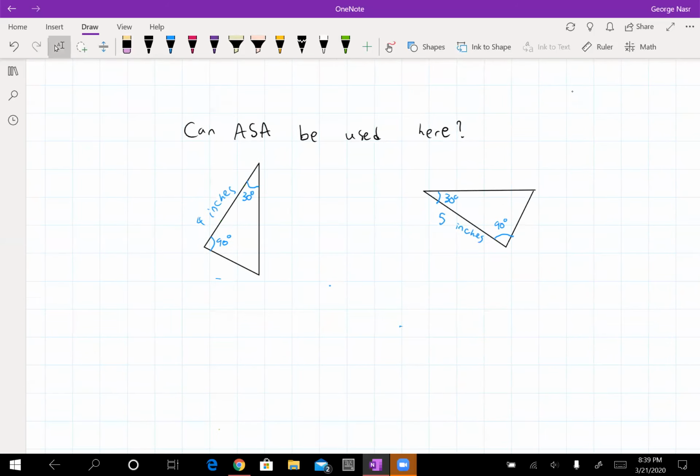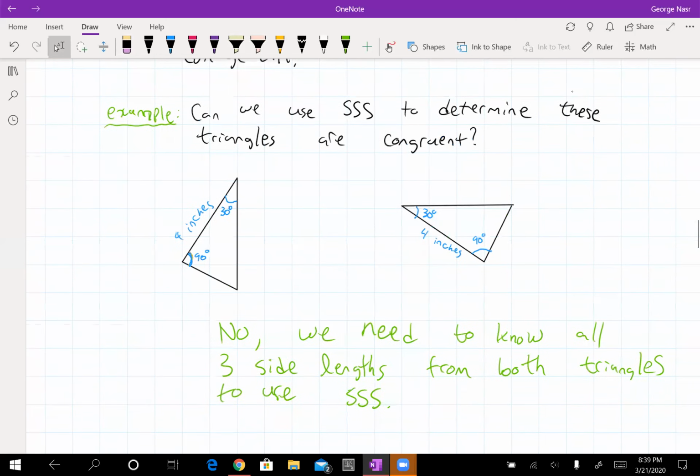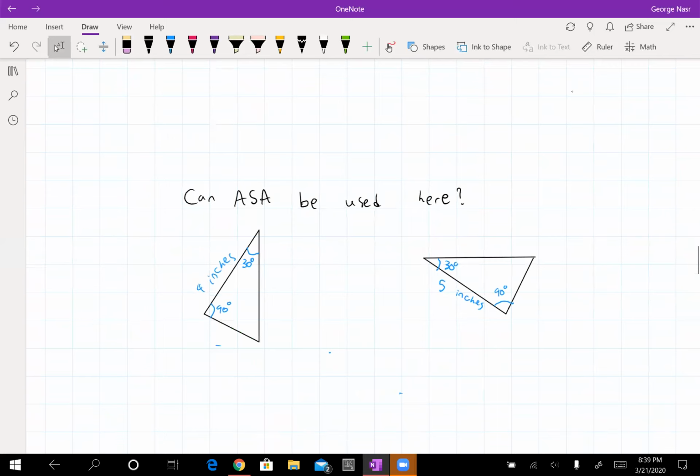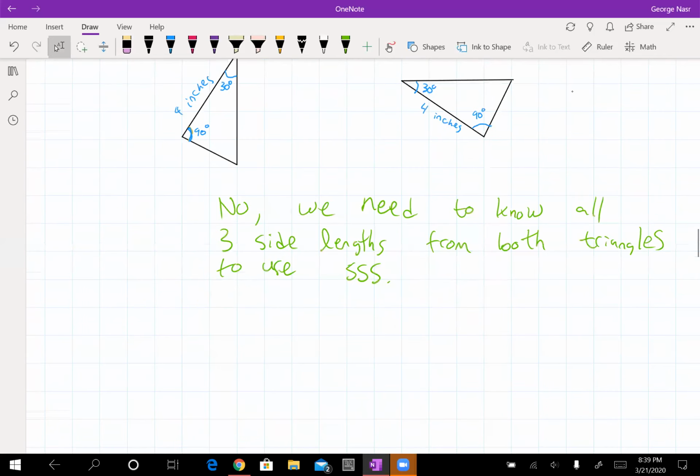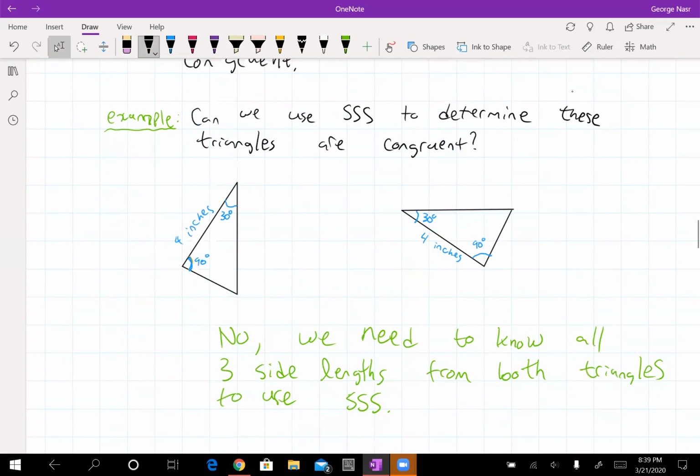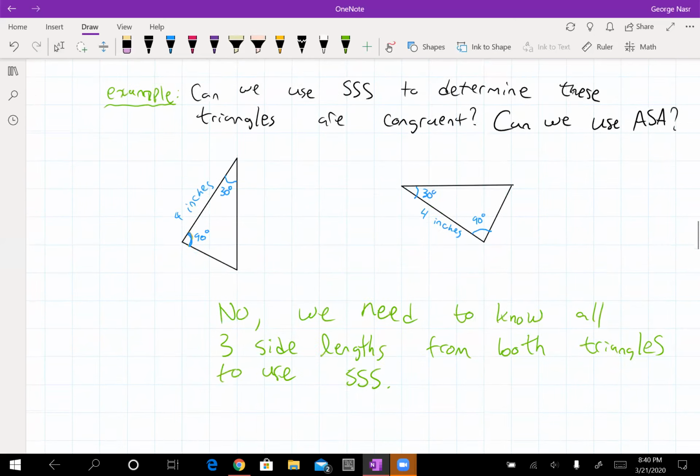Okay. What about ASA? Whoops. I accidentally deleted a part of this question. There we go. There was meant to be a follow-up. Can we use angle, side, angle?